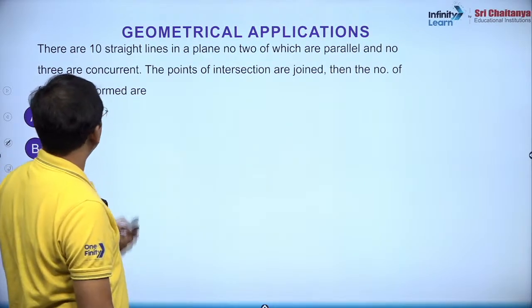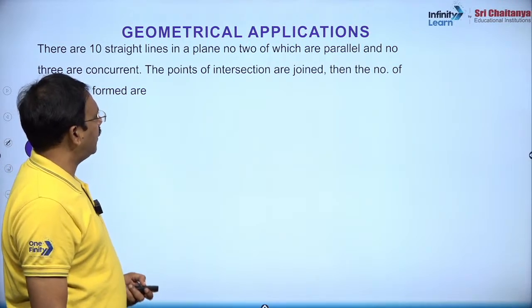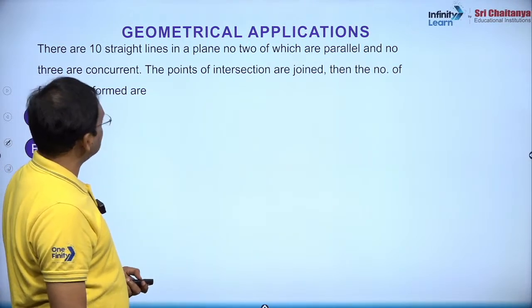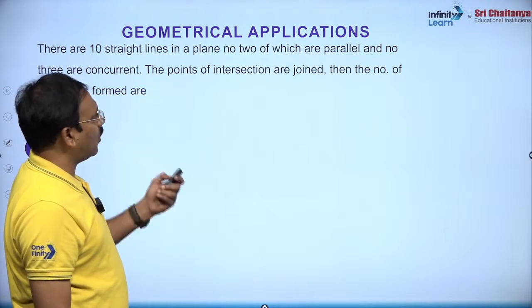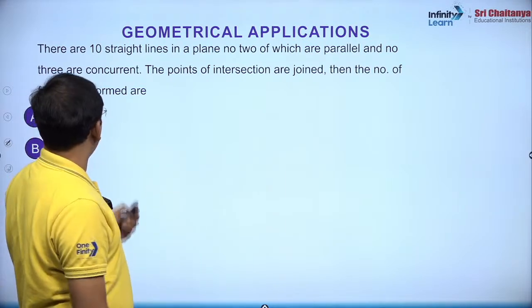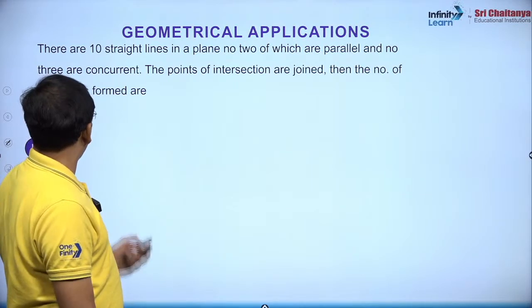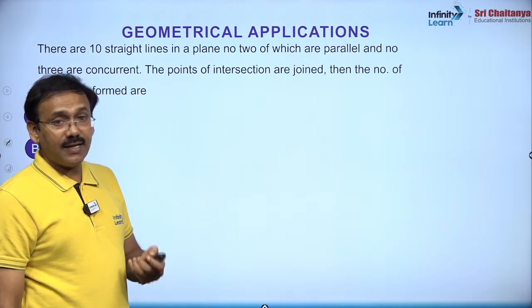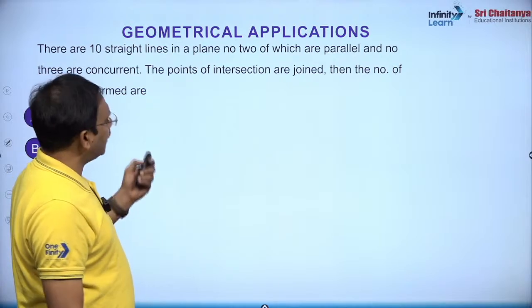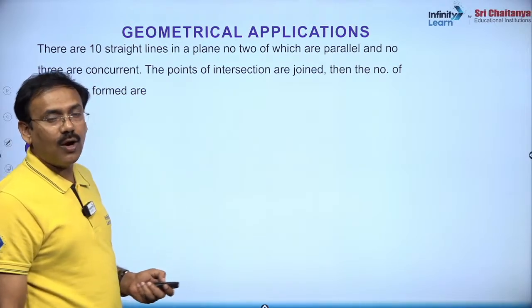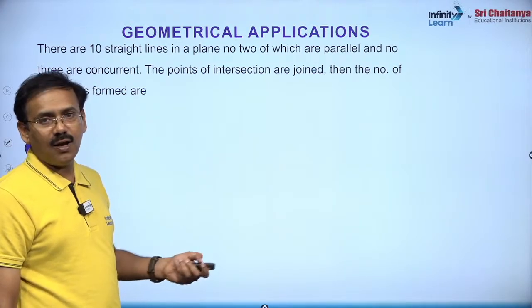The next, my dear friends, 10 straight lines in a plane are given, no 2 of which are parallel and no 3 are concurrent. The points of intersection are joined, then the number of fresh lines formed. Look, children, there are already 10 straight lines such that no 2 are parallel, no 3 are concurrent.